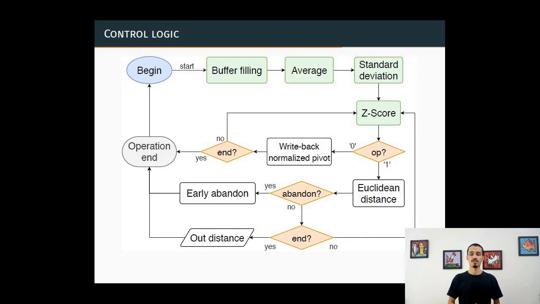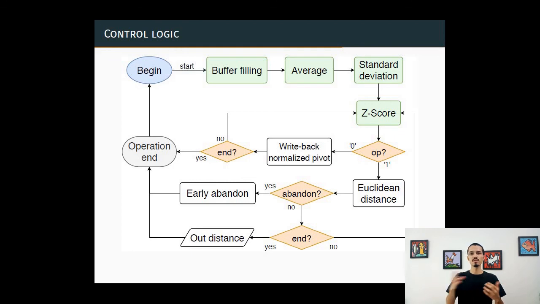Following, at operation 1, the target's time series is loaded to its buffer, processed until a chunk of it is normalized, and instead of going back to the memory, this chunk will be compared to the equivalent chunk of the pivot shapelet that is already normalized in memory, and if this partial distance triggers early abandon, we leave computation.